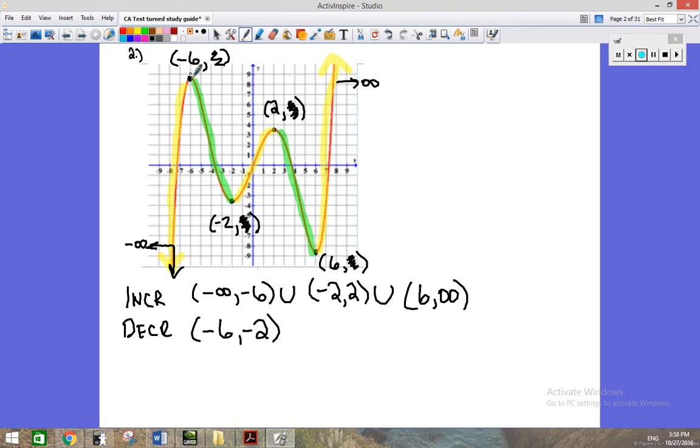This means when x is between -6 and -2, all the points that have x coordinates between -6 and -2, those y coordinates are going to be decreasing. Or if we're from x equals 2 to x equals 6, those y coordinates are also decreasing. So you're decreasing here or you're decreasing here.